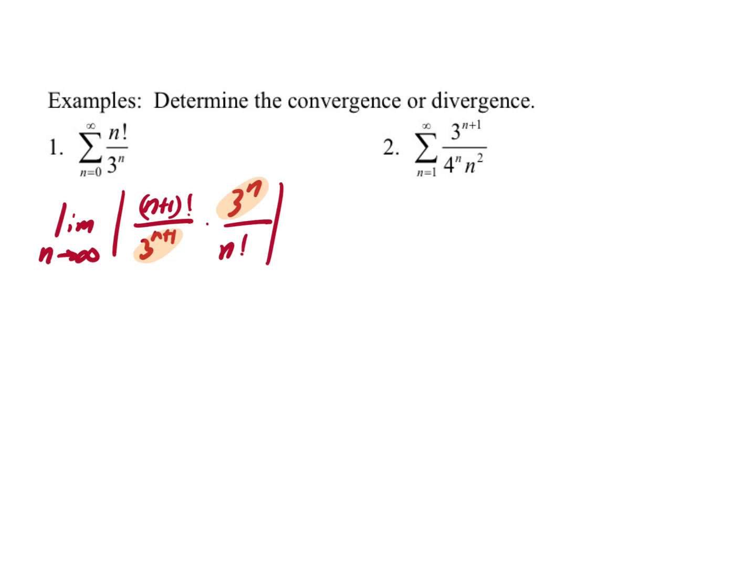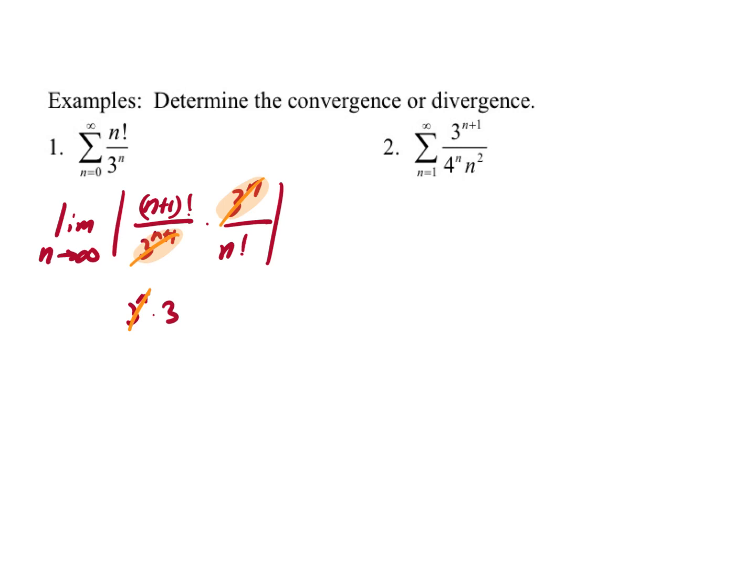You could use your subtraction rules, but I'm going to show you something a little bit different. This means 3 to the n times 3, because n plus 1, same base, add the powers. The 3 to the n's cancel out, so I'm just left with a 3 on the bottom.